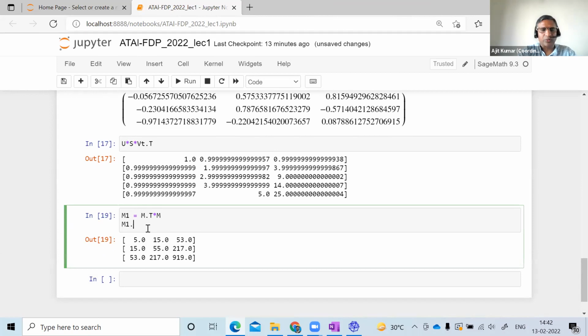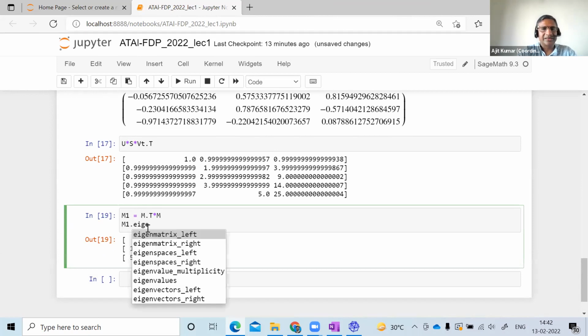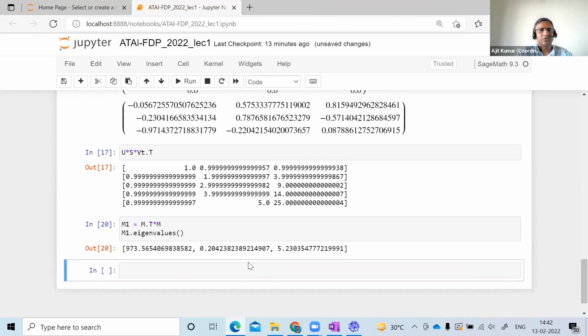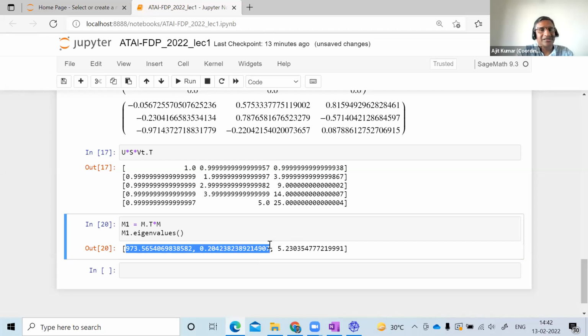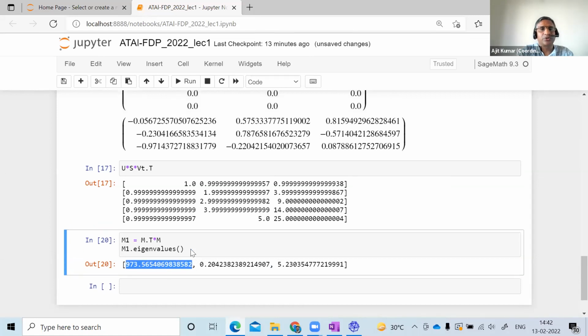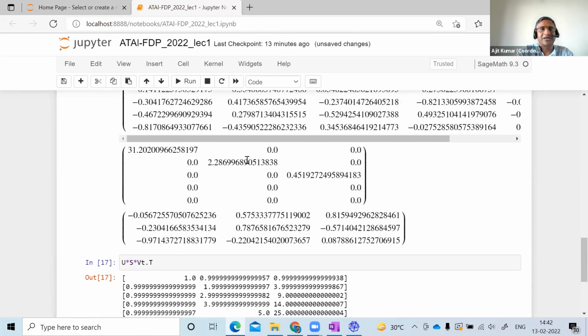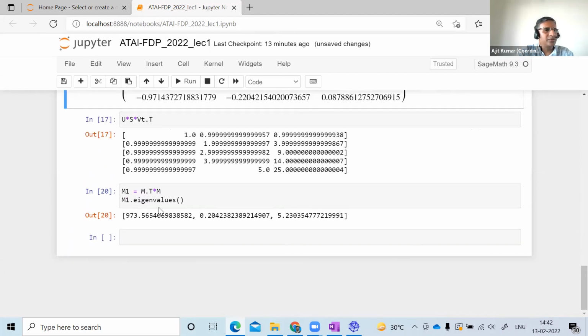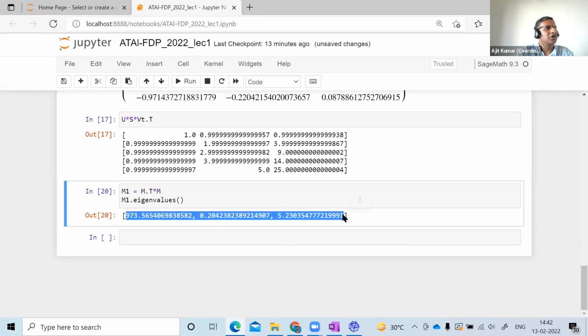Now I can find M1 dot eigenvalues. What do you see here? These are going to be the squares of sigma 1, sigma 2, sigma 3. If you take the square root, that will be the first singular value, which is 31.20. So in order to find singular values, all you have to do is take the square root of these eigenvalues.